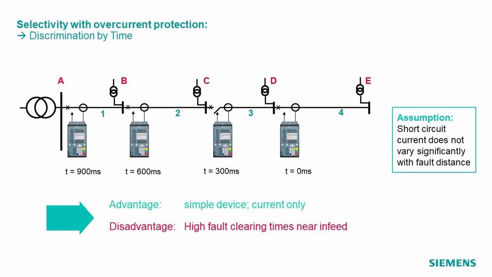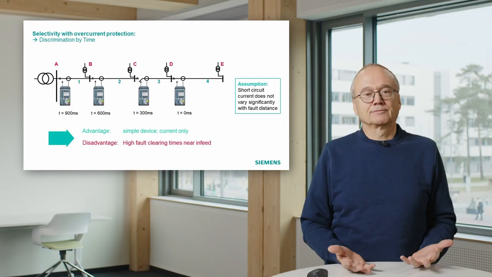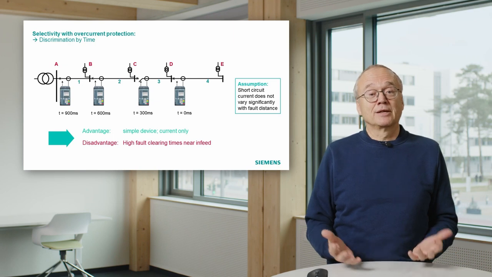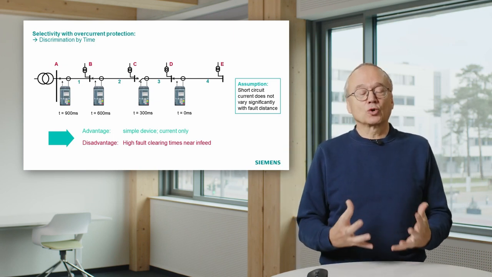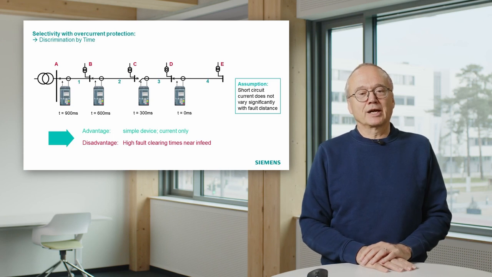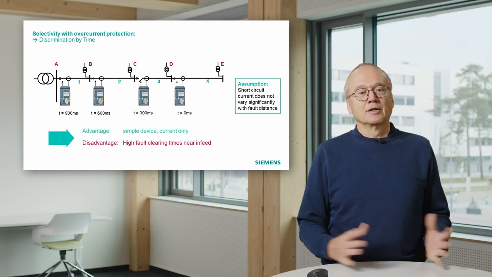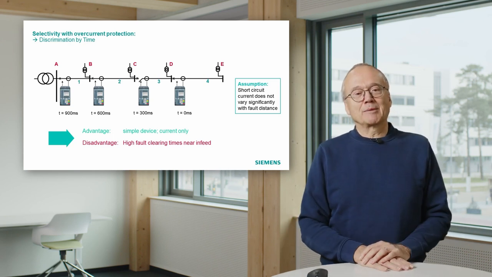It just waits for 900 milliseconds until it trips. It is still selective, but it's a long time delay. 900 milliseconds of short circuit current is a long time, and it's a critical thing. That means normally we should make the time delays as short as possible.